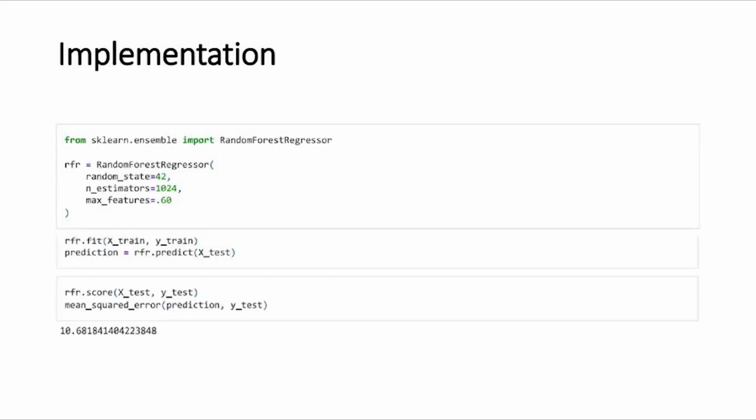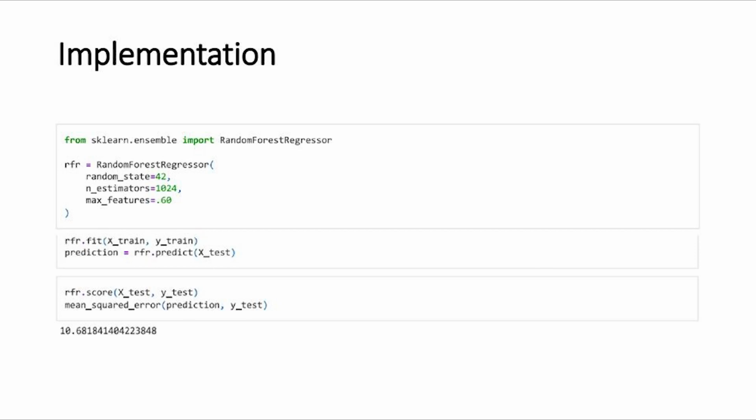Finally, we are at the implementation of random forest. Here we are setting up a regression model based on random forest. We are setting up the hyperparameters as below. The random state is 42. Whenever we use this random state with the same data set and the same other hyperparameter values, we will get the same result every time.